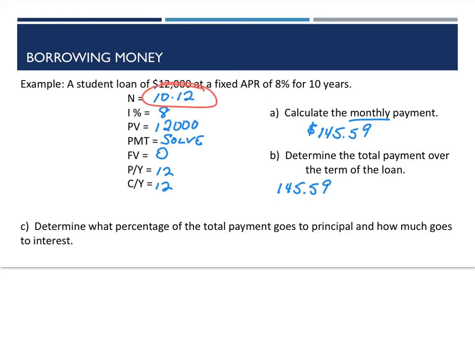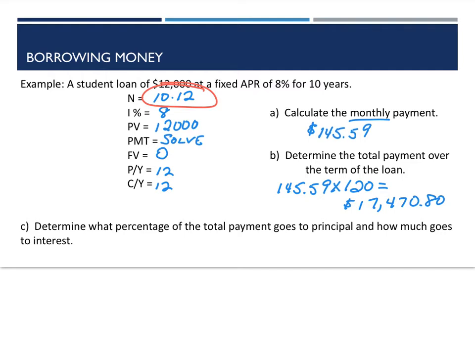I made that payment 12 times a year for 10 years. That means I made that payment 120 times. Which means totally I paid $17,470.80 for my $12,000 loan.